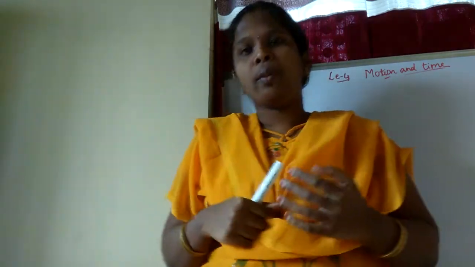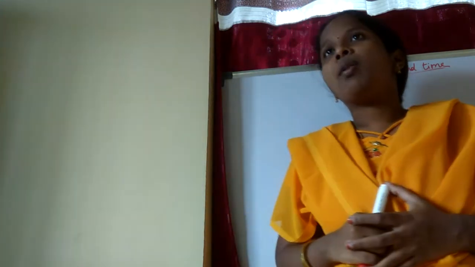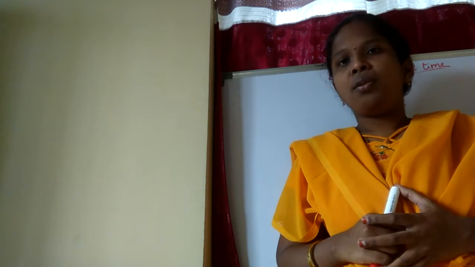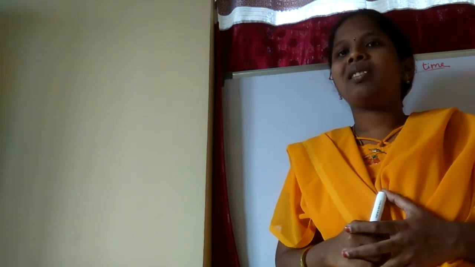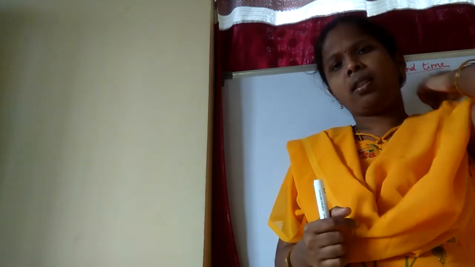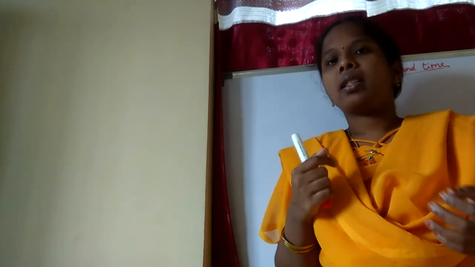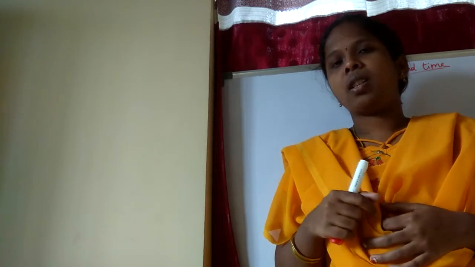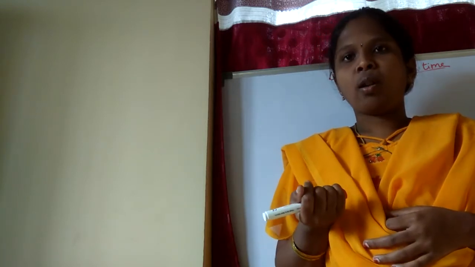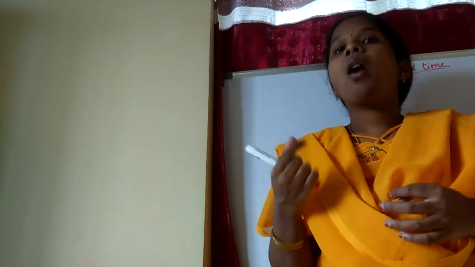In the olden days they were used more, but even now if you go to a clock shop they are available. If anyone has such pendulum clocks, you can observe how it moves.